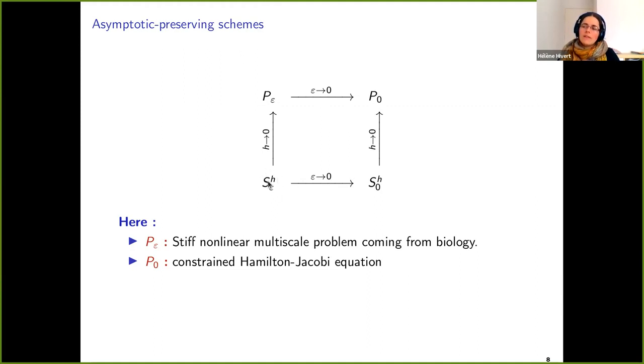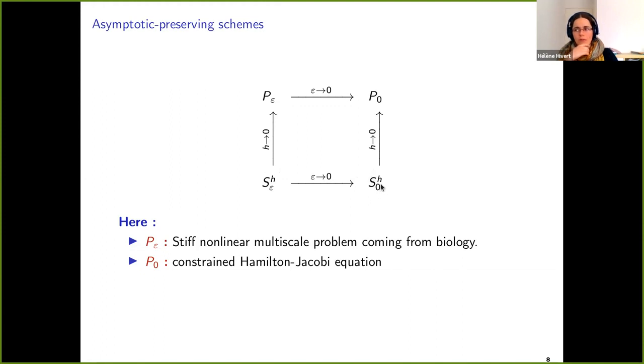To say it differently, it means that you require the scheme to have stability properties when epsilon goes to 0, so that the solution of the scheme does not explode when epsilon goes to 0.